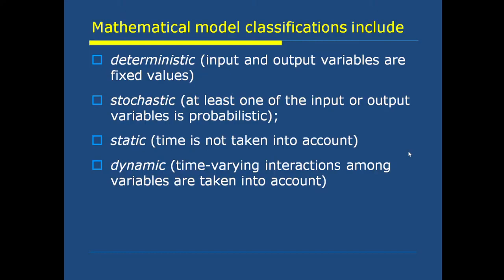Stochastic: at least one of the input or output variables is probabilistic. Static, don't confuse with statistics: time is not taken into account. And dynamic models, in which time-varying interactions among variables are taken into account.